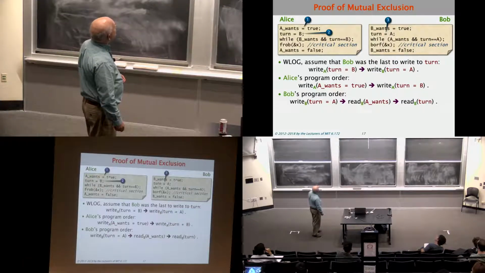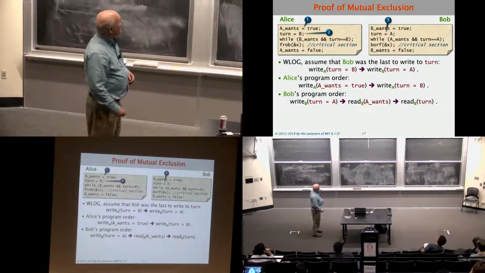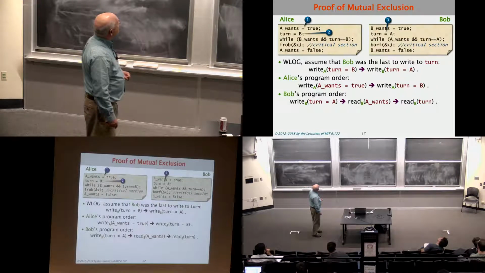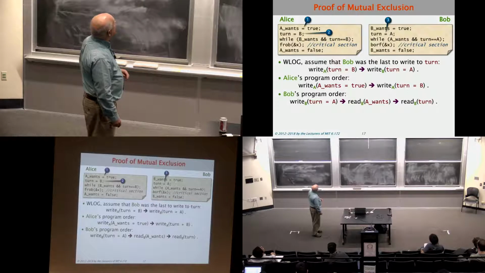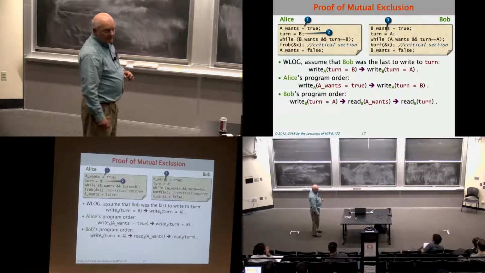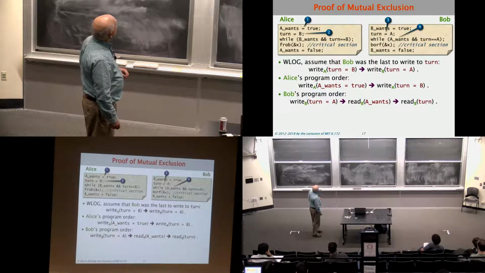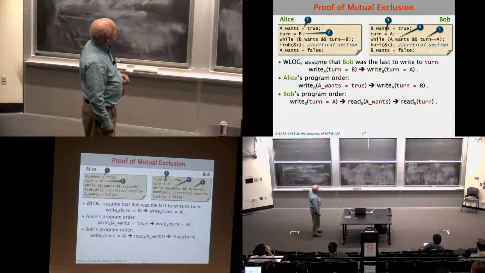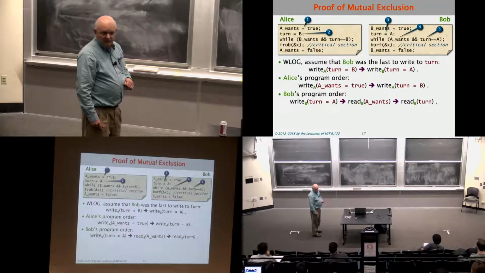Yeah, so turn equals A. That comes from the top line there. What's next? Right, Bob reads A wants. And then finally, Bob reads turn of A. Okay?